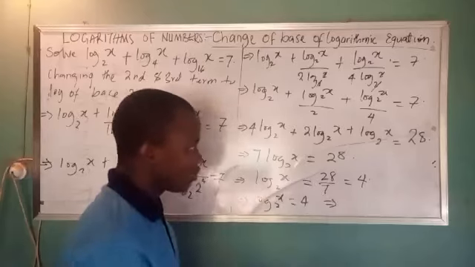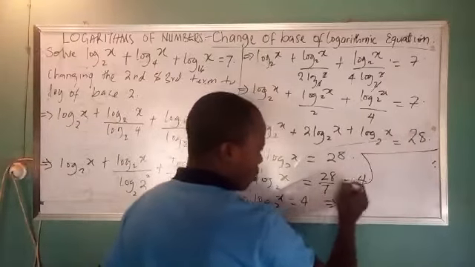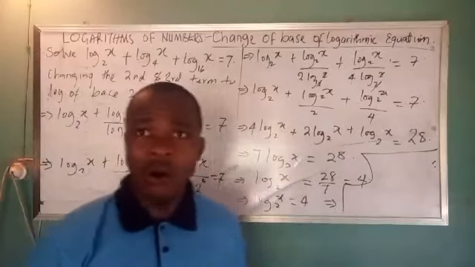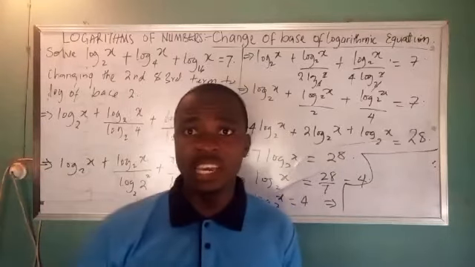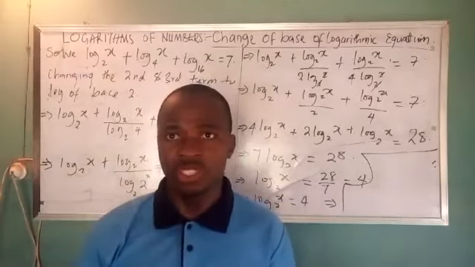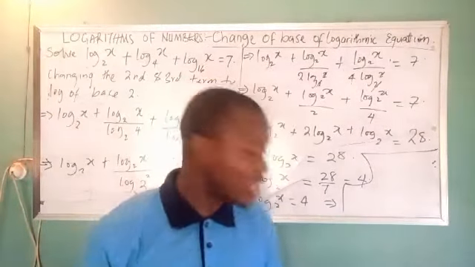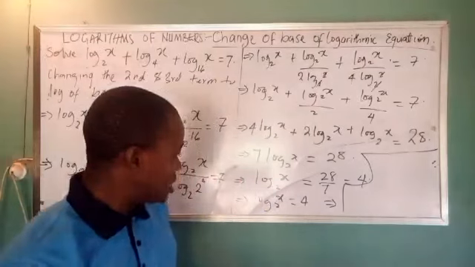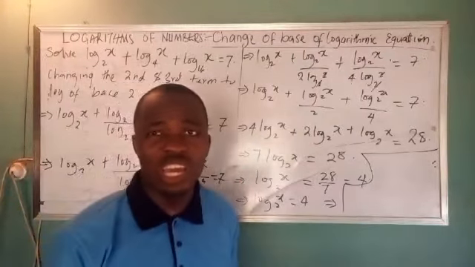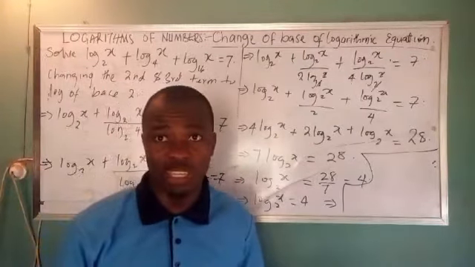So from here, we don't need to disturb ourselves more because our problem is nearly solved. We're almost done with our solution here. So now what's the next thing to do? This is in log form. Just try to write this one in indices form.